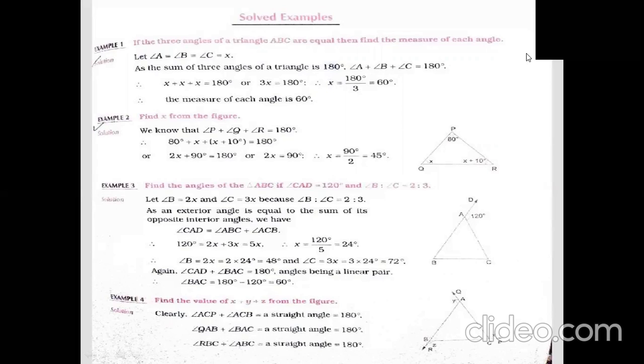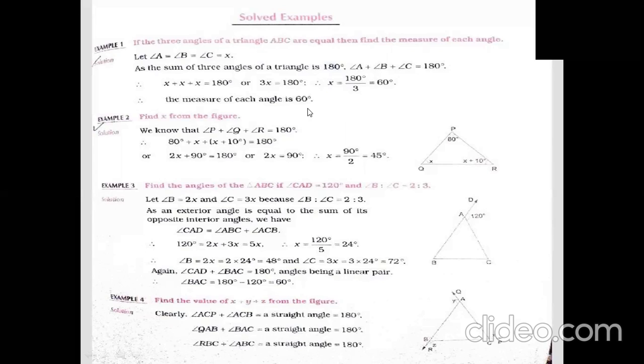Put the values of A, B and C as x in the given equation. We get x plus x plus x is equal to 180. That is 3x is equal to 180. So the value of x will be equal to 180 degrees divided by 3, that is equal to 60 degrees.